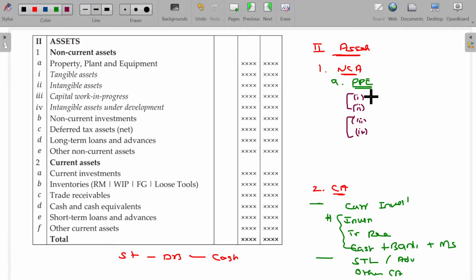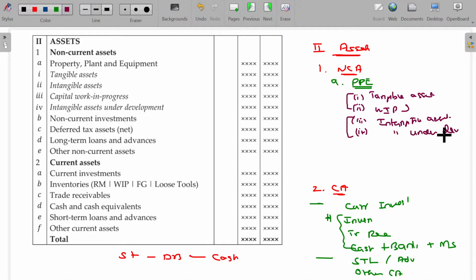Tangible assets, and another one is work in progress of this. Here intangible assets, and work in progress of intangible assets. You cannot say intangible assets of work in progress, but intangible assets under development. That's how you can use the term.